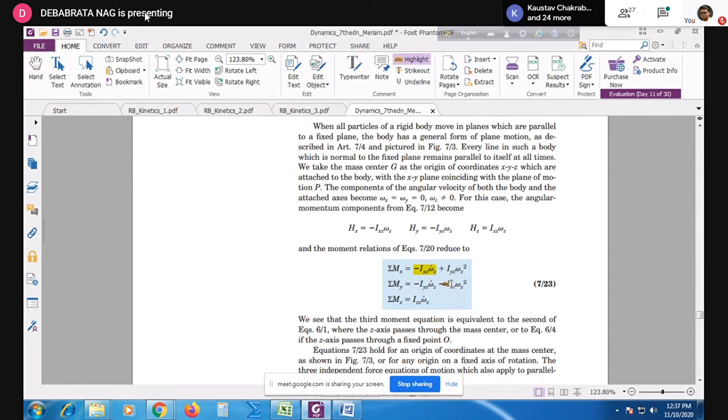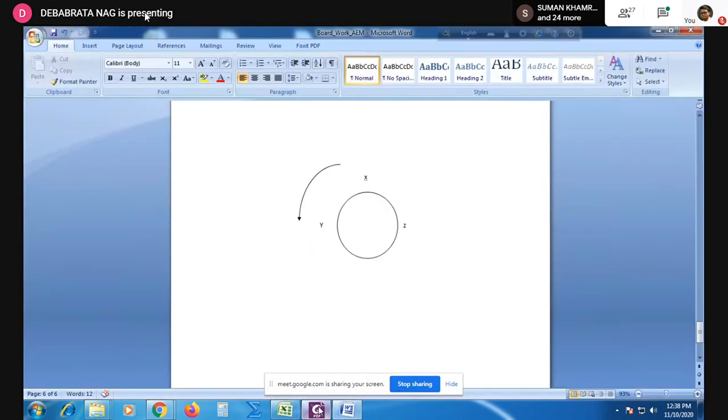Then I write the second part, it was the left hand side, so it was plus previously. So plus IYZ omega z square, and now on the right hand side this plus will become minus, and it becomes minus IYZ omega dot z, and finally your summation MZ becomes equal to IZZ into omega dot z. তাহলে দেখা গেল you have learned these equations.